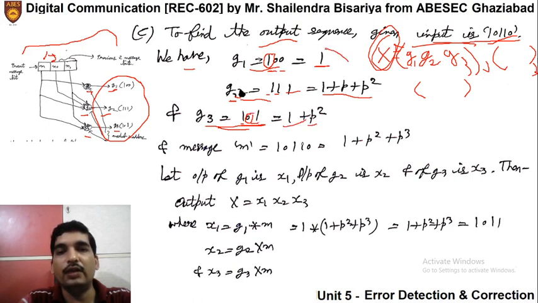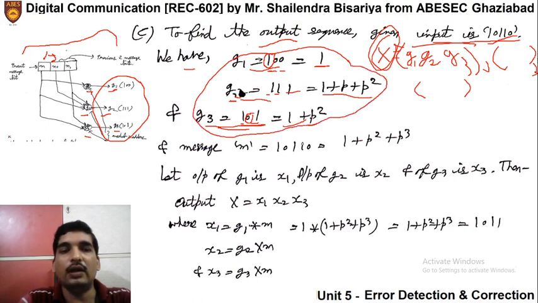Now you have the three outputs G1, G2, G3 in polynomial form, and the message bit m is equal to 1, 0, 1, 1, 0. In a similar manner, it is the first, third, and fourth terms, so it is 1 plus p square plus p cube.